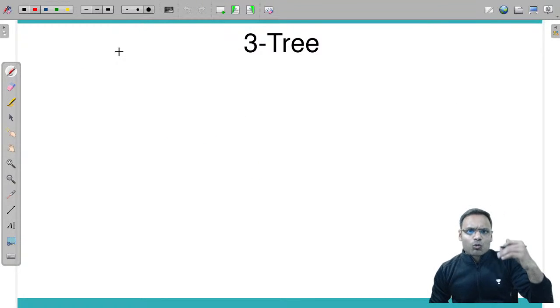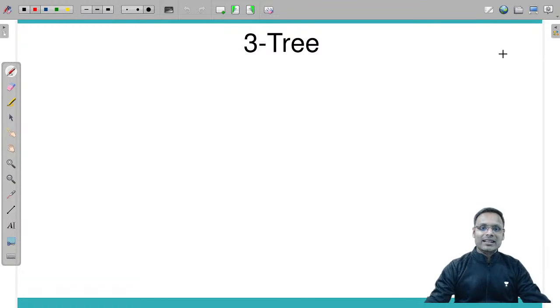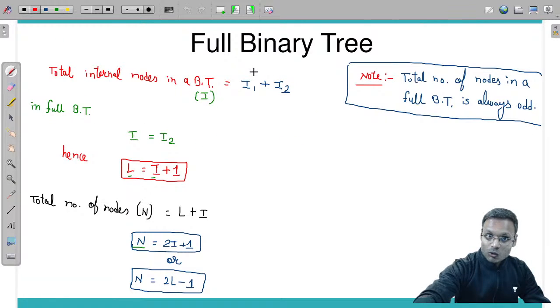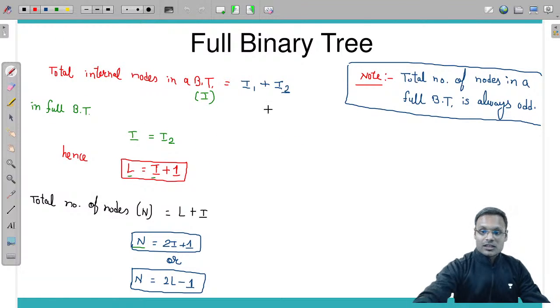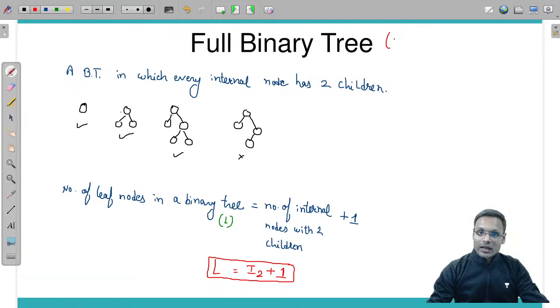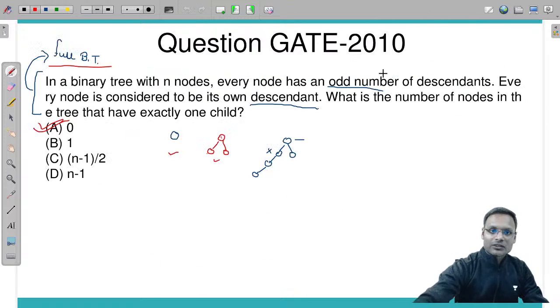Then we have one extended version of the full binary tree called a 3 tree. One more thing I would like to add here: this full binary tree is known as a 2 tree also. Similarly, we have a 3 tree.